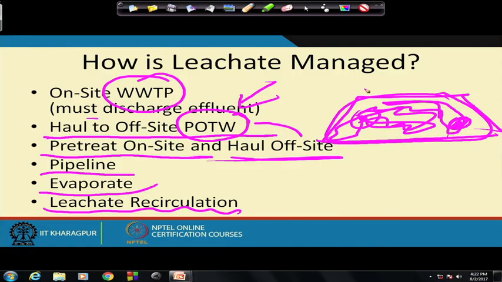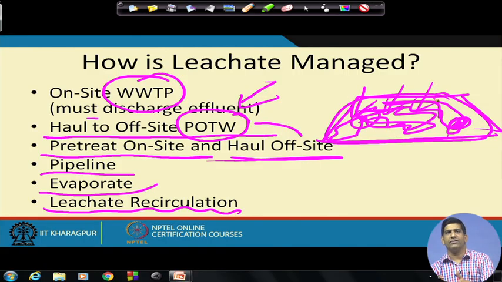So to make these dry pockets wet, you come up with a leachate recirculation system, where you start putting some of this leachate back into the system. That helps in leachate treatment as well, because the leachate goes through the garbage, which acts as a filter, and over time some of the heavy metals and other things will be filtered out inside the landfill. Ammonia gets built up.